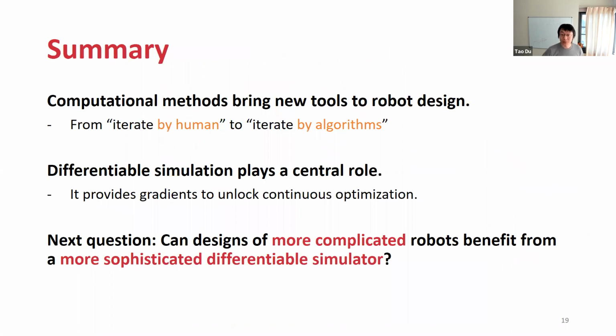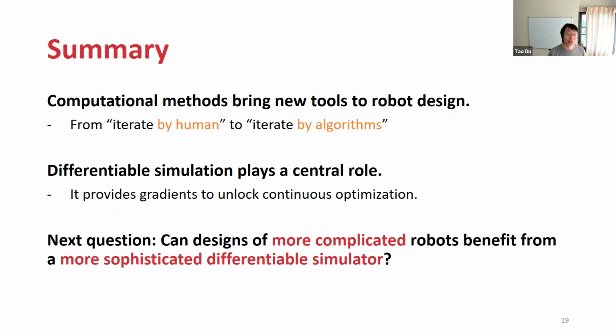So just to give a brief summary of this project, as well as the first part of the talk, we're attempting to present a computational design pipeline that can remove the human in the loop of the traditional design pipeline, at least for rigid-body robot design. And we show that computational methods bring new tools and new opportunities to the design problem.